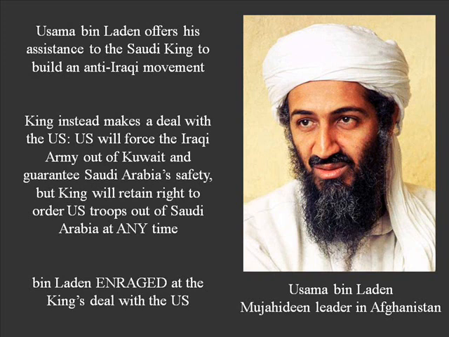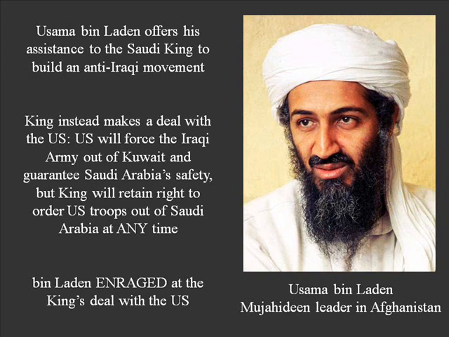But at the same time, the king of Saudi Arabia is getting another offer, this time from the United States. The American leadership under the first President Bush says, our offer is, if you allow us to build air bases and military structures in Saudi Arabia, we will do that, and we will launch the invasion of Kuwait and destroy Hussein's army, therefore eliminating the threat against Saudi Arabia.